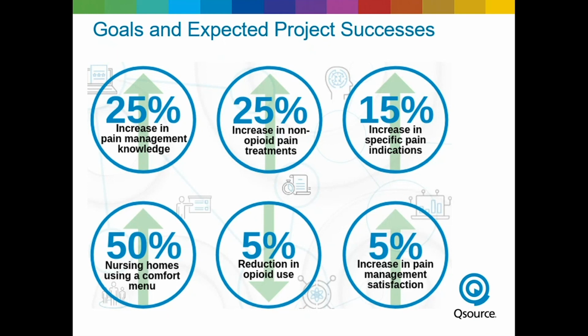So we can use a comfort menu not only to treat pain and to help mitigate some of those issues, but also to directly help them cope with some of these things they're having to deal with. We want to make residents more comfortable, and it doesn't have to be just with pain. We've got a facility that's actually using the comfort menu for insomnia. It can be applied to a lot of different things.